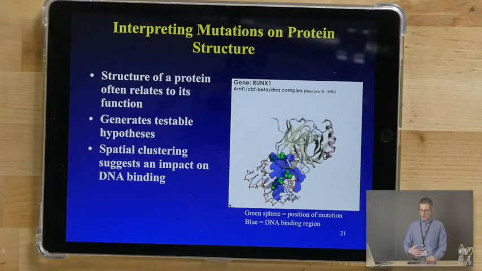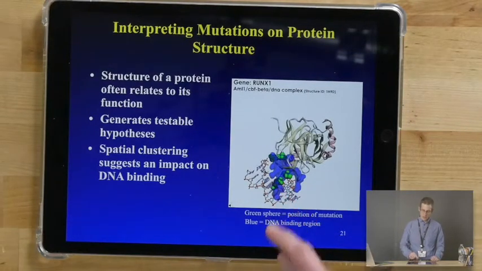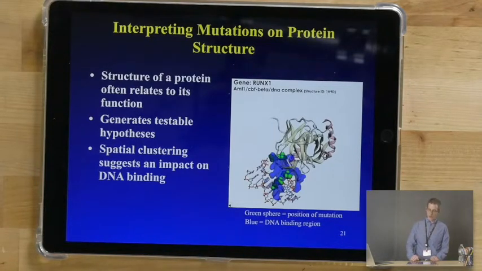One might imagine that if the shape of a protein provides information about what it does, we could use the location of a mutation to interpret the effect of the mutation on protein structure. So this is a case for three mutations in the gene RUNX1, where I've highlighted where the mutations occur as these little green spherical representations of amino acid residues.